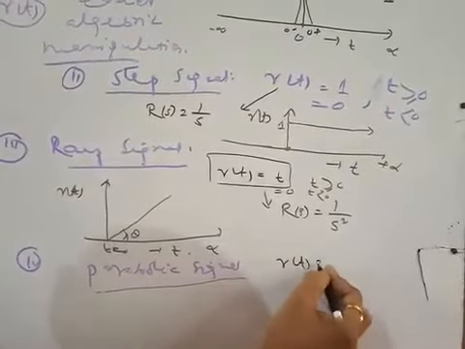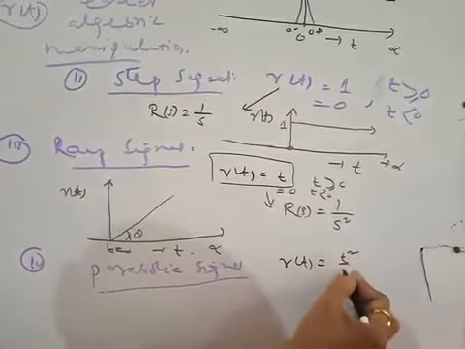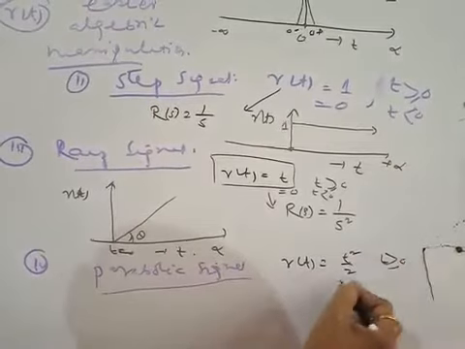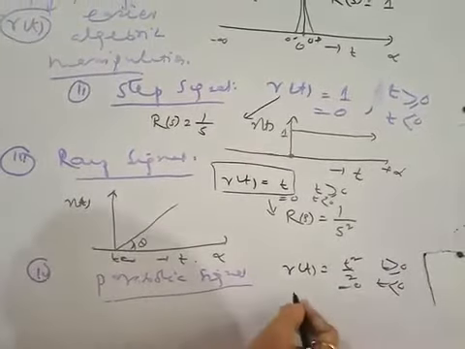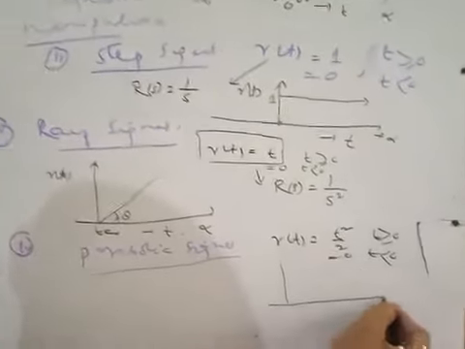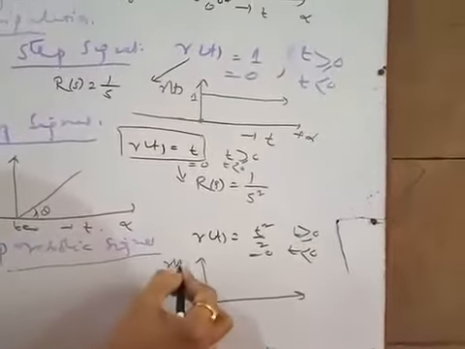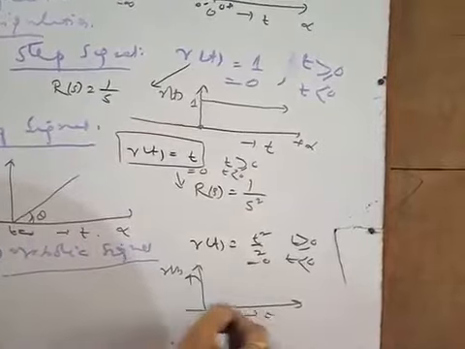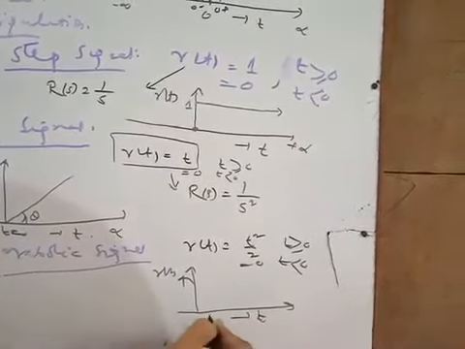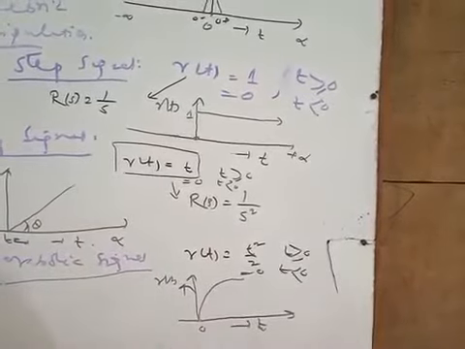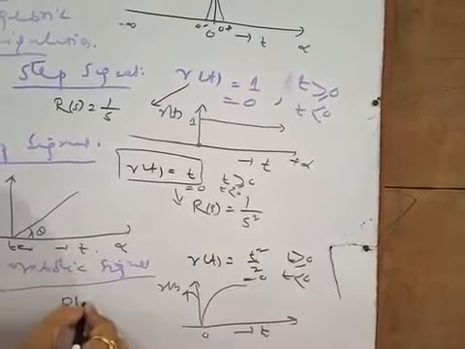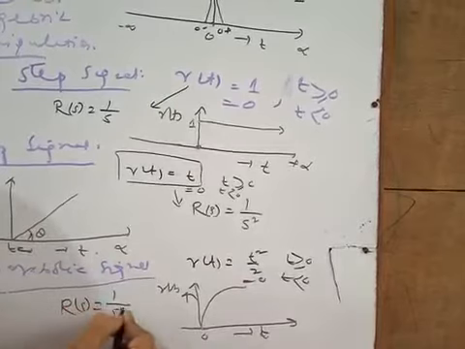So r(t) is equal to t square by 2 for t greater than or equal to 0 and equal to 0 for t less than 0. And the mathematical form is like this. So the graphical form will be like this, like a parabola. This is the part of the parabola. And if you take the Laplace transform of it, you get 1 by s cube.